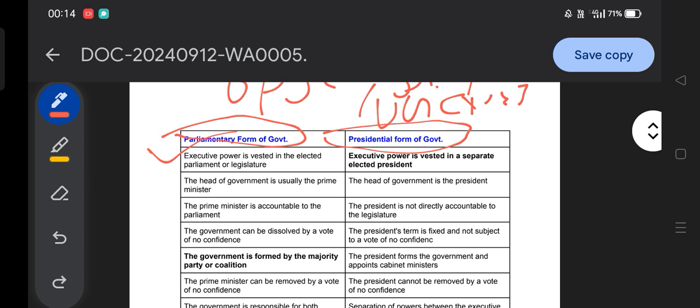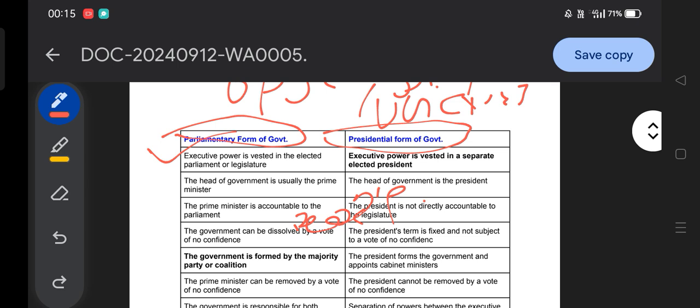As we know, the MLA and MP are elected by the people, and these elected MLAs and MPs form the legislatures. From the legislature, as a law-making body, the executive as an organization of government is formed.